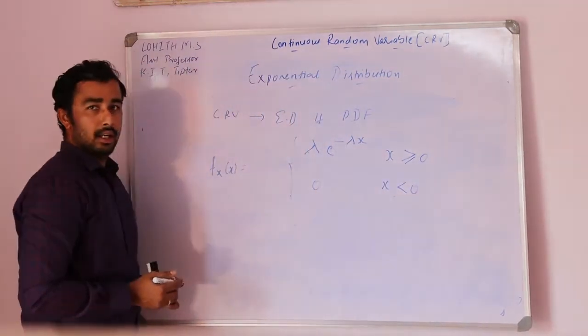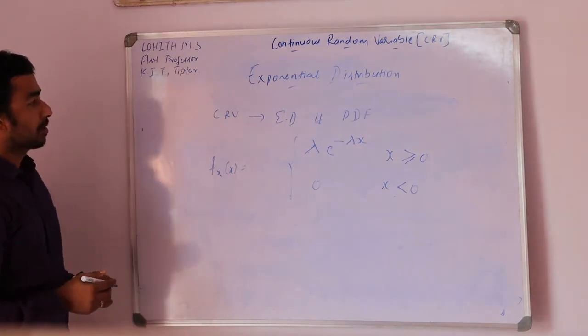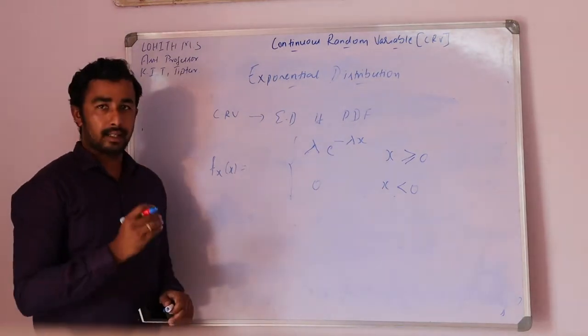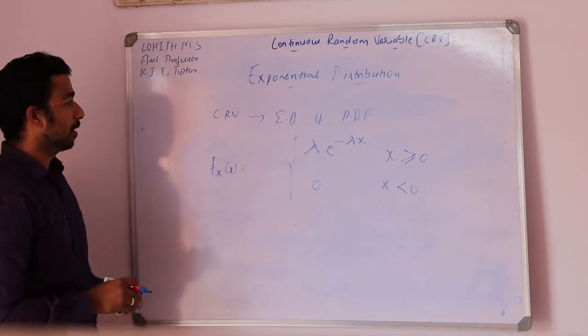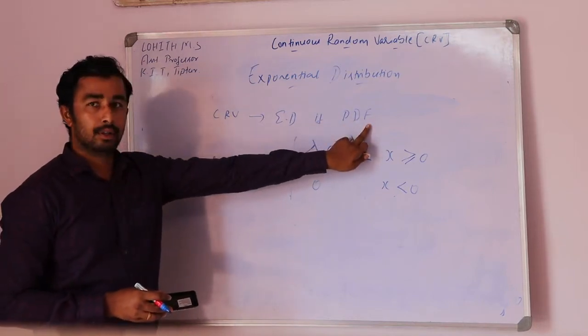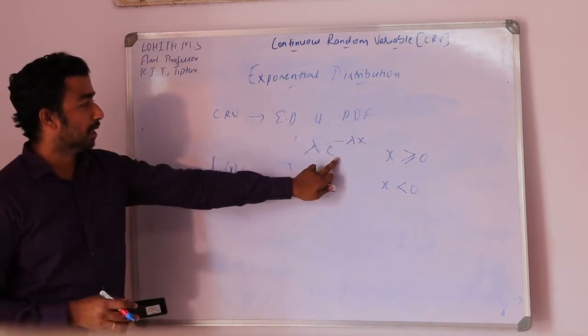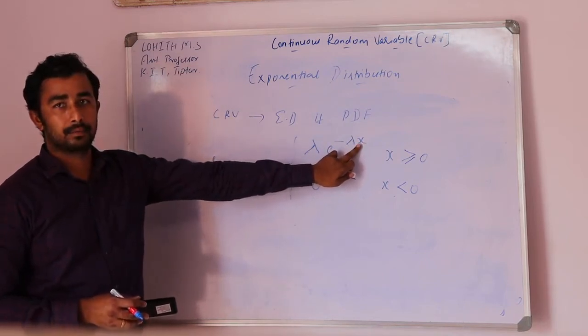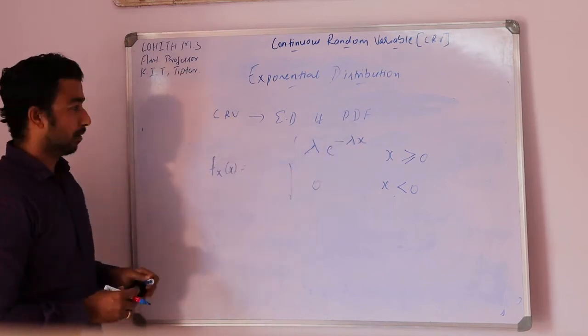A continuous random variable can take an exponential distribution if its PDF is of the form lambda e power minus lambda x.